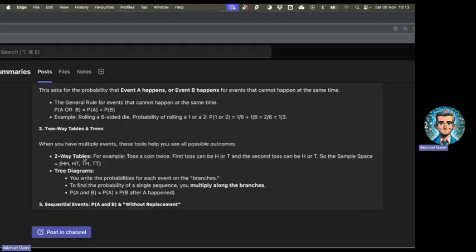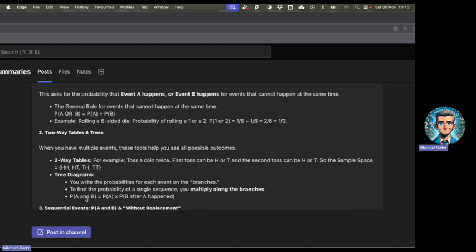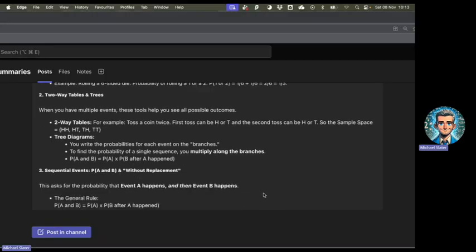And remember, or is plus, and is multiply. So the probability of A and B is the probability of A times the probability of B after A happened. And we multiply along our branches.